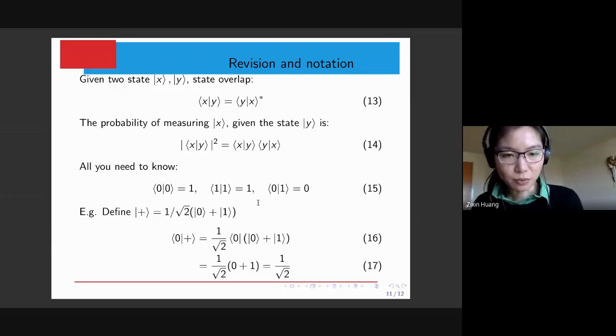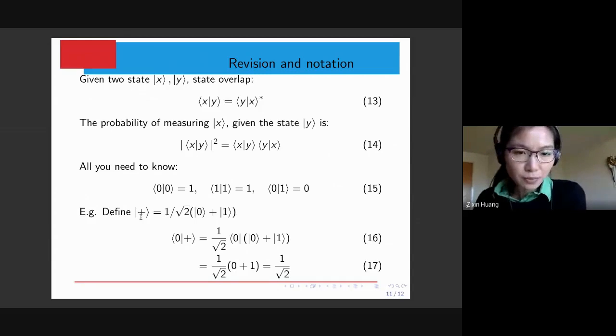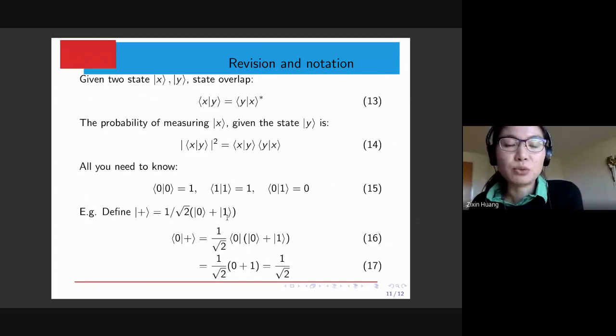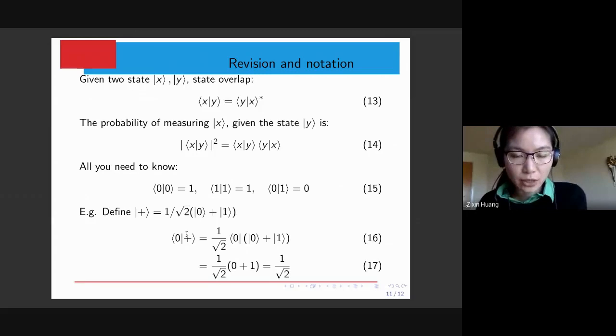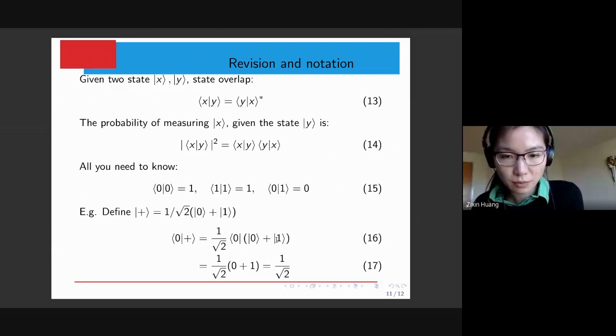Doing a really easy example. So if we define a plus state, which we'll use again later, to be an equal superposition of 0 and 1, so this is 1 over square root 2, 0 plus 1. If we are calculating the overlap of the plus with a 0 state, so to do this, you would overlap the bra 0 with the ket plus.